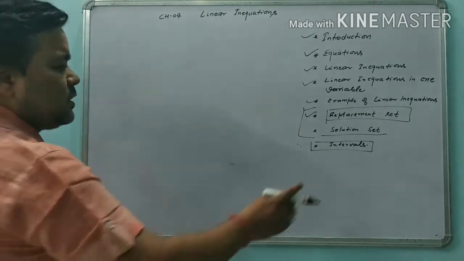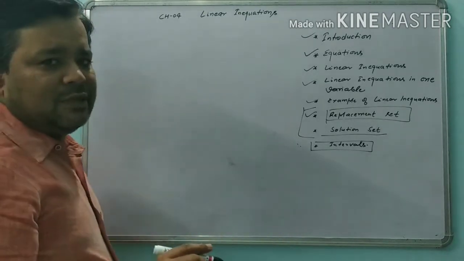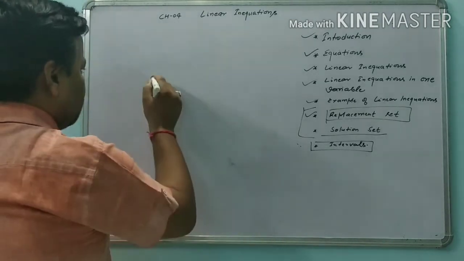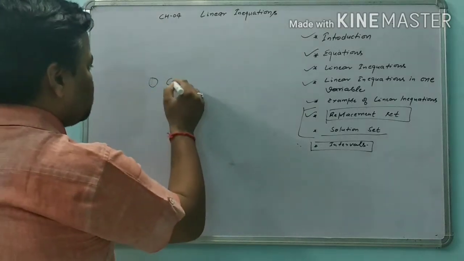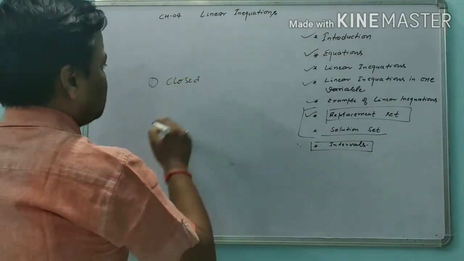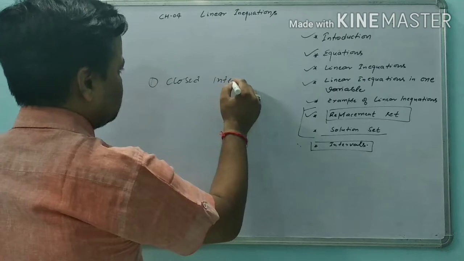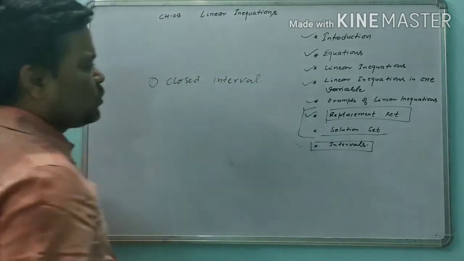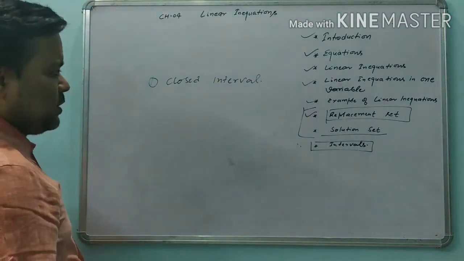Here, there are four types of interval. The first one is closed interval. Let us assume one condition.